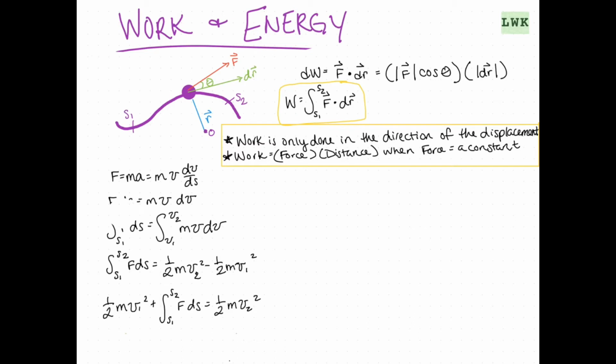So this is an important equation. When we're looking at this, we can say, here's our work in the middle between 1 and 2. And this component here is going to be what's called our kinetic energy at state 1. And this right here is going to be our kinetic energy at state 2.